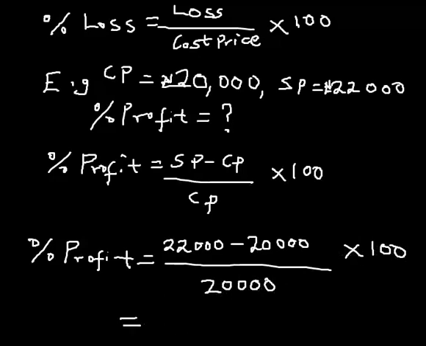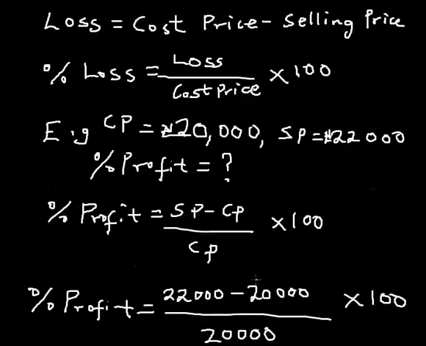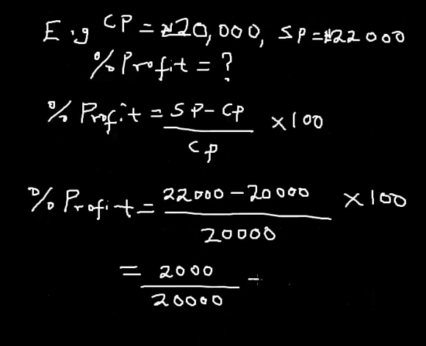22,000 minus 20,000 gives us 2,000. Then I divide it by 20,000. 2,000 divided by 20,000 gives 1 over 10.